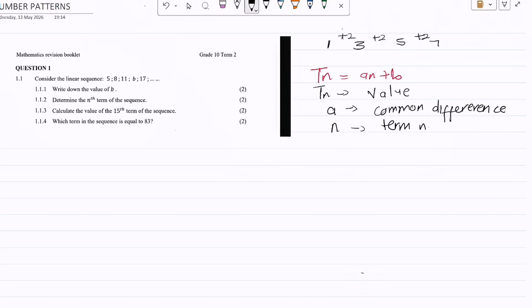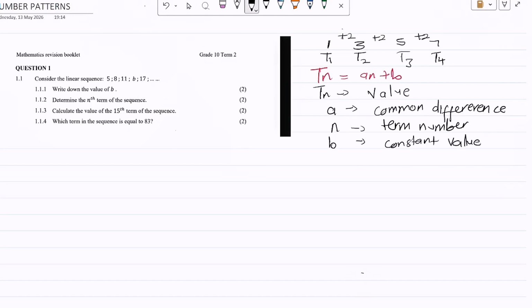So n is like T something, it's the term number. And then b, we say that this is the constant. This is a constant value, which actually also explains what is happening with the pattern.